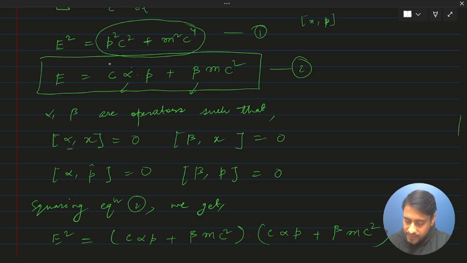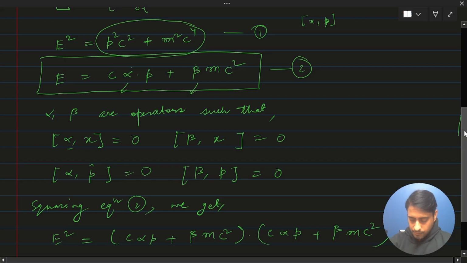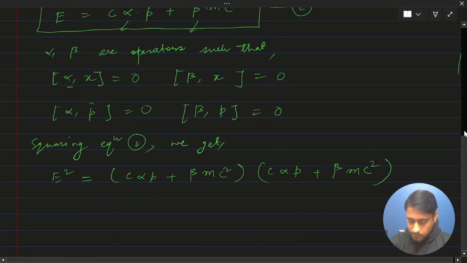And we have removed the difficulties of taking it to the left or to the right, because from the beginning we have assumed that alpha and p are commuting, so either you take alpha dot p or p dot alpha, it doesn't matter. So let's just multiply term by term.